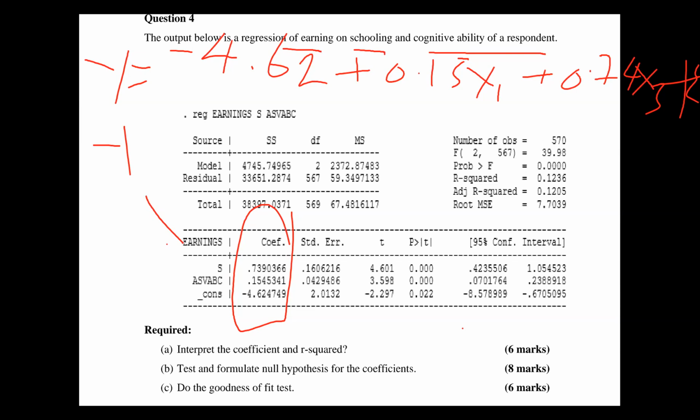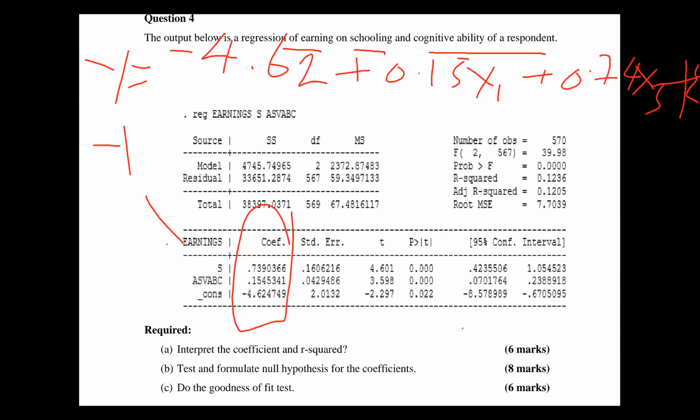So you cannot say hold them constant; you can say when they are zero. Say, when X1 and X2 are zero, meaning the schooling and the cognitive ability of the respondent are zero, then the earnings reduce by negative 4.62 units. That's the beta naught. Note the sign.